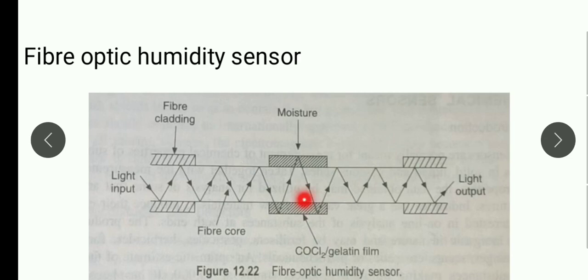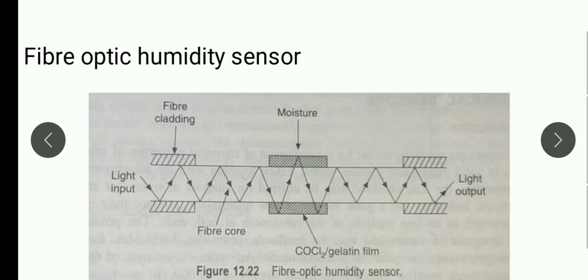Since the wavelength changes here, my light will also be attenuated. The intensities of this collected light are measured using a spectrum analyzer, and then relative intensity is plotted against relative humidity.